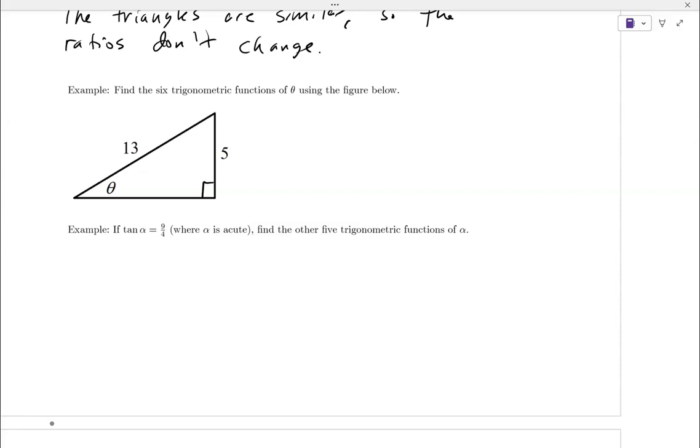It asks you to find the 6 trig functions of theta. What sides are we given for this particular theta in this case? Opposite and the hypotenuse, right? So right away, which one can we find pretty quickly? The sine. Your sine of theta will be 5 over 13, the opposite over the hypotenuse.